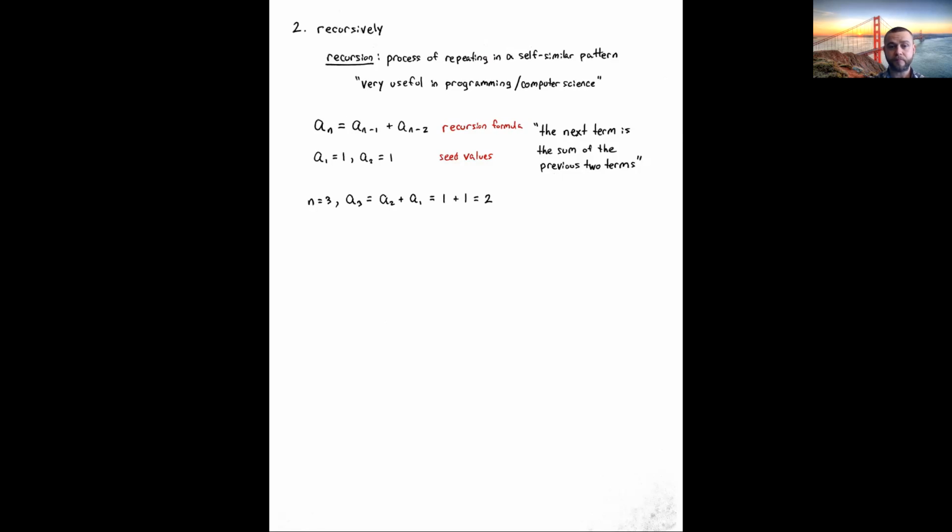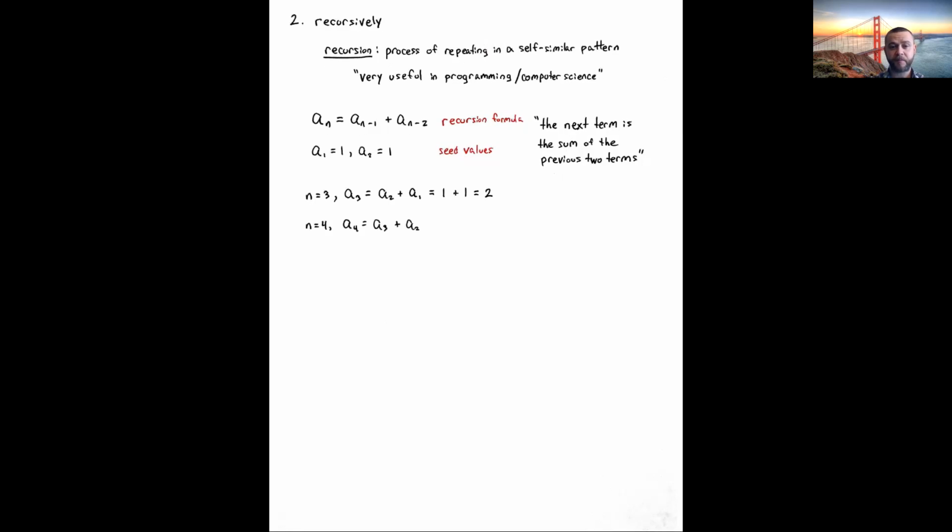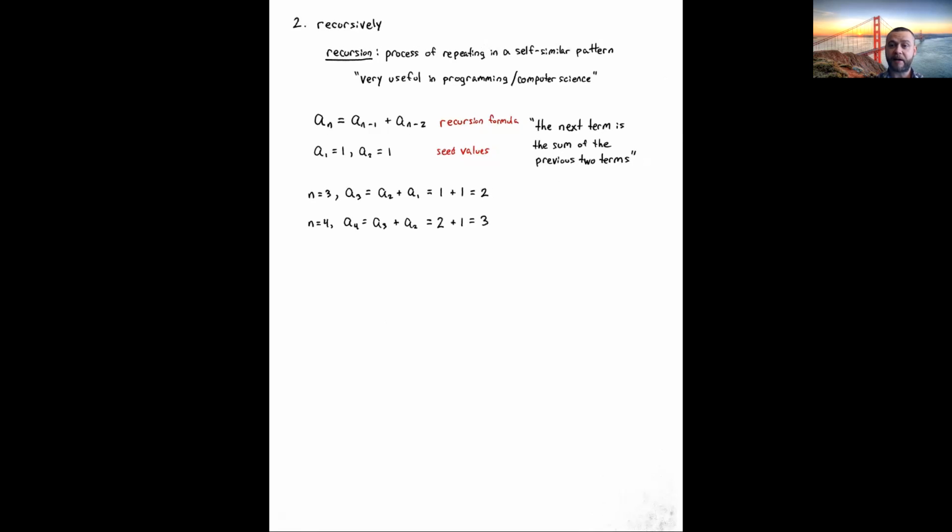All right, we can go to the next term where n is 4 to get A sub 4. This is now the sum of the previous two values, A sub 3 plus A sub 2. We just calculated A sub 3, and we already were given A sub 2. So we should find here A sub 4 comes out to be 2 plus 1, 3.